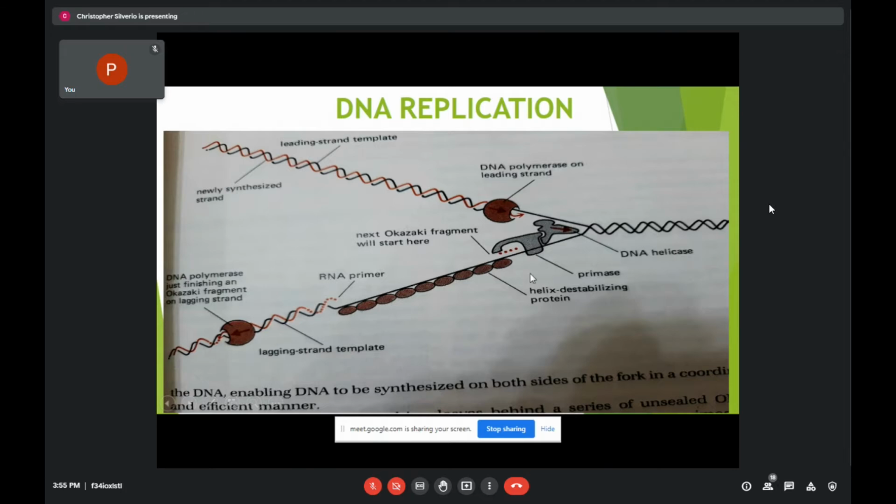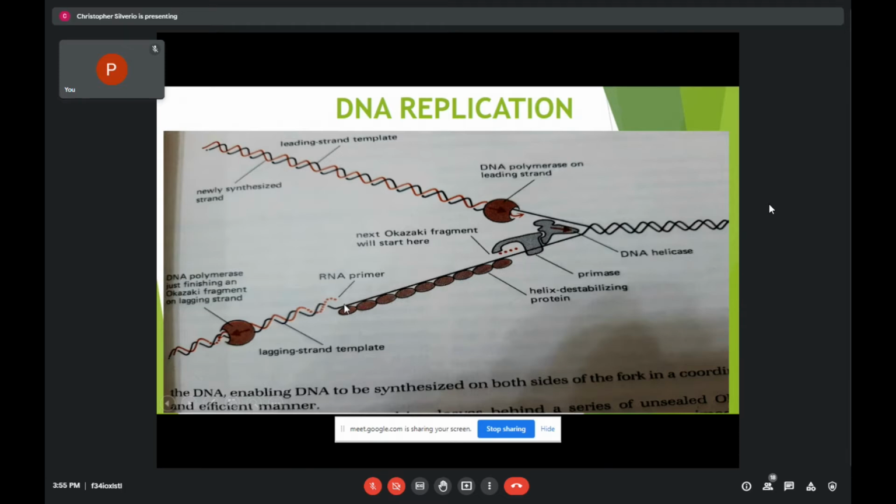But before the lagging strand will be replicated, a set of helix destabilizing proteins will bind to the lagging strand so that it will be straightened.